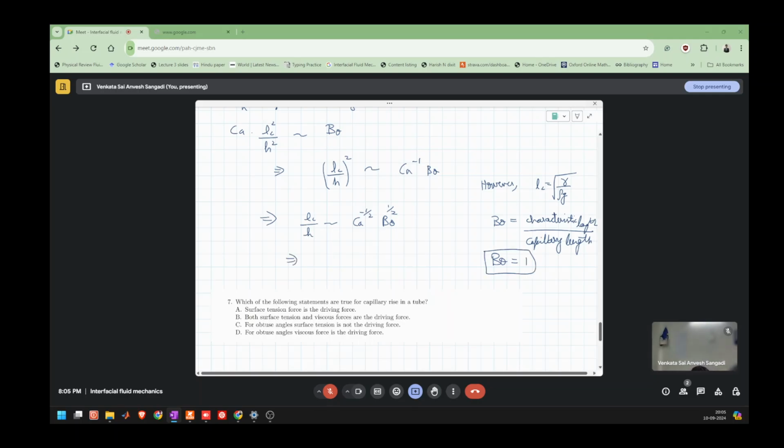Substituting this, we get LC by H scales as capillary number power 1/2.